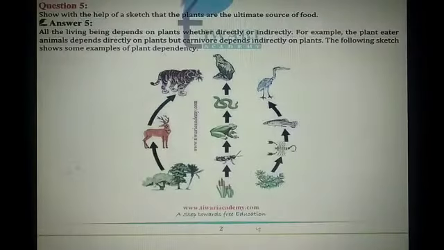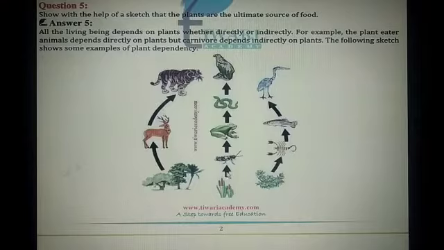Here you see in this picture a plant, and here deer depend on the plant for nutrition, and this lion, which is a carnivore, depends on deer. So deer depends directly on plant, and this lion indirectly, because if plants are not there, deer die. Okay, so deer depend directly and lion depends indirectly on plant.